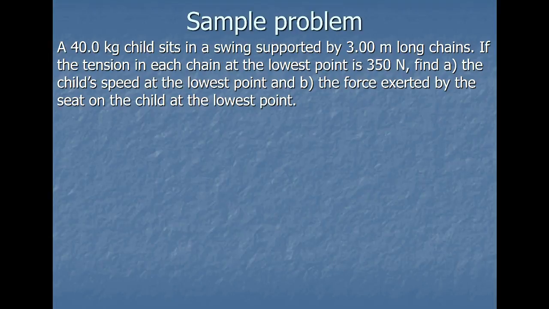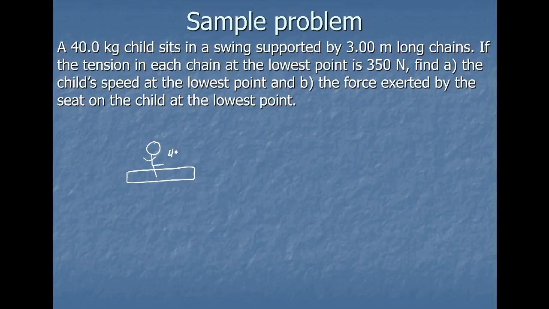And so, for example, if we have a 40 kilogram child sitting in a swing supported by 3 meter long chains, okay? So here is the swing, and here is kind of a bad picture of the child. We'll do it like that, okay?